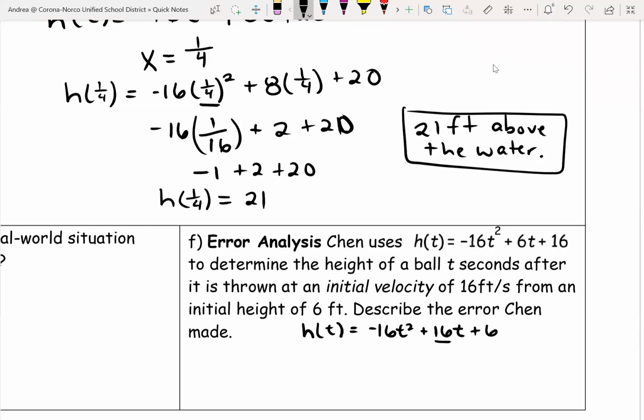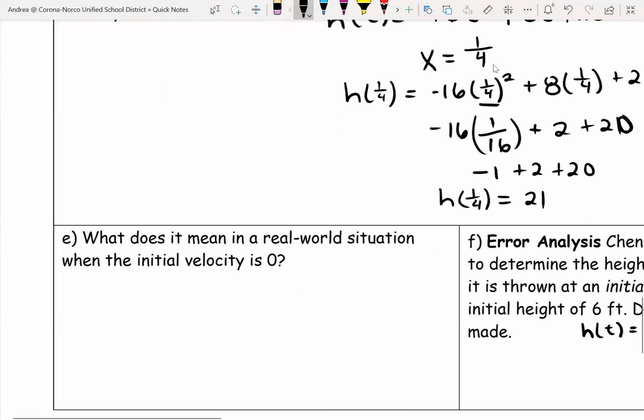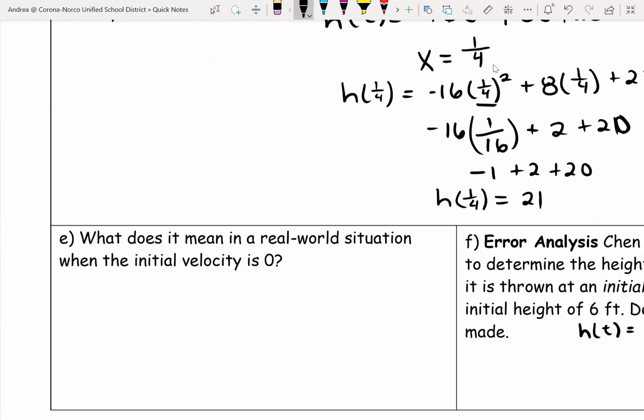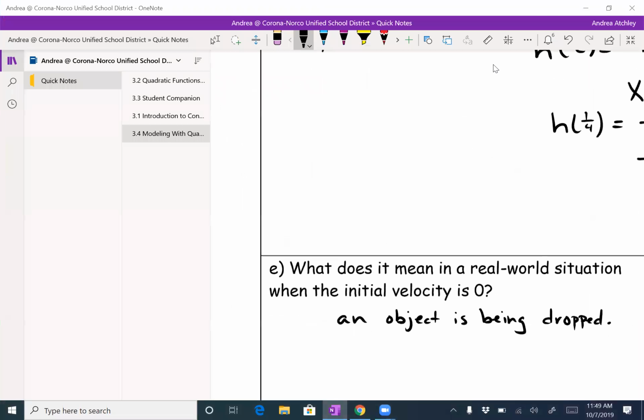They switched these two. So write down something like that. Any questions over that? And make sure you wrote down that it gets dropped. Any questions over that? Okay, homework.